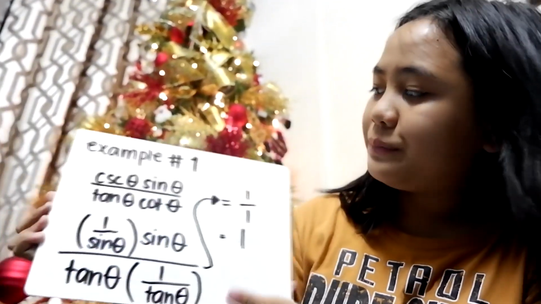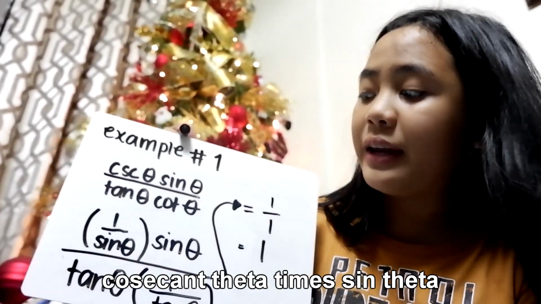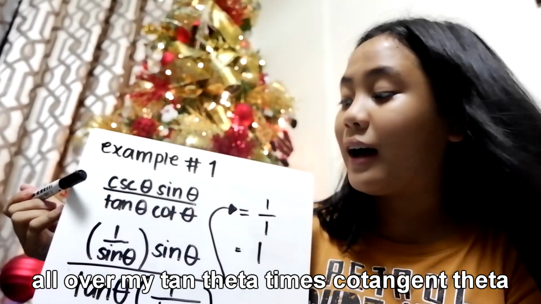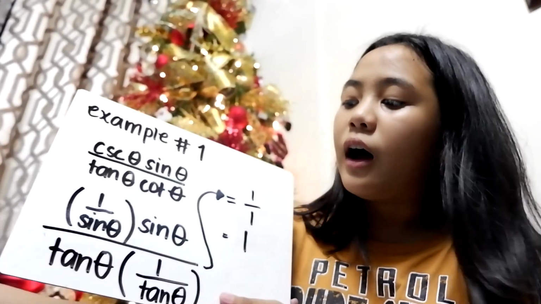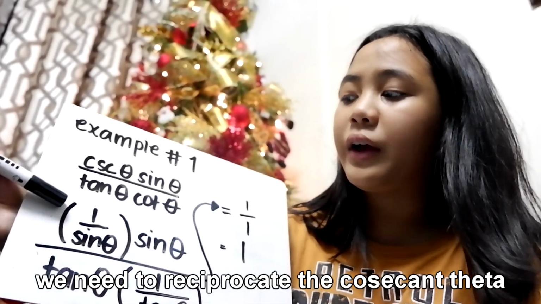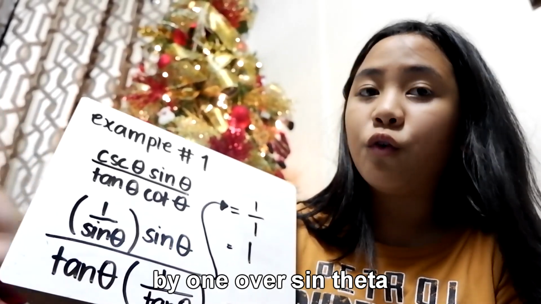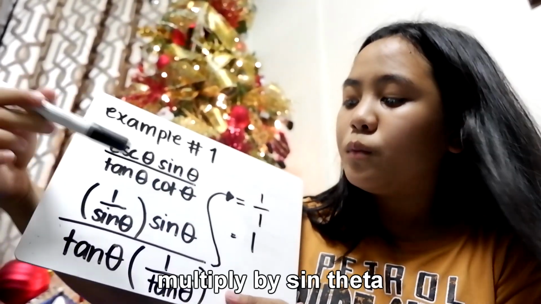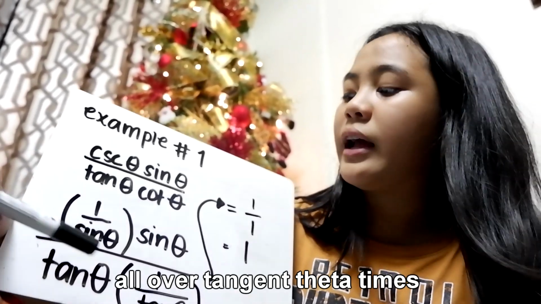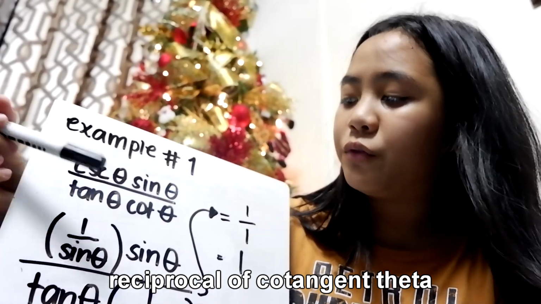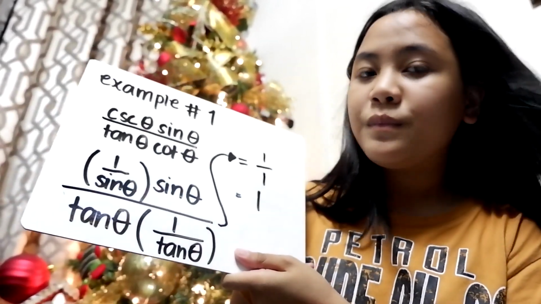Example number 1. The given expression is cosecant theta times sine theta over tan theta times cotangent theta. To solve this, we reciprocate the cosecant theta to 1 over sine theta, multiplied by sine theta, over tan theta times the reciprocal of cotangent theta, which is 1 over tan theta.